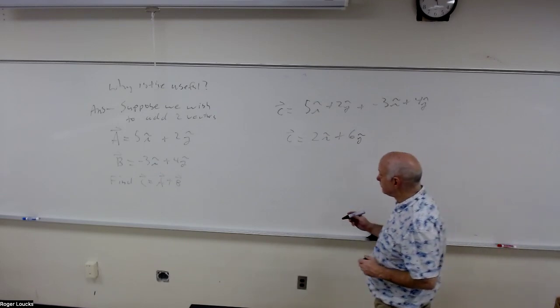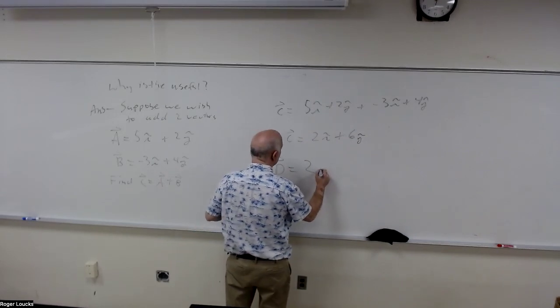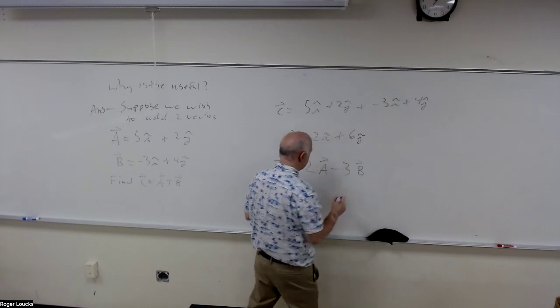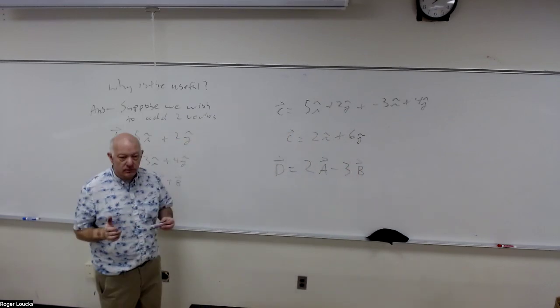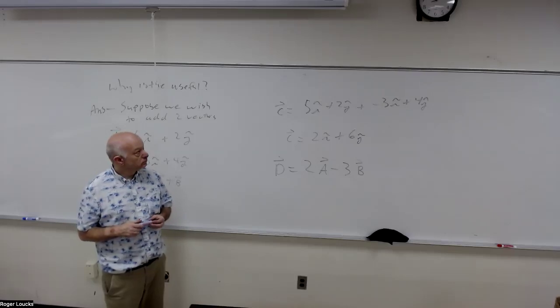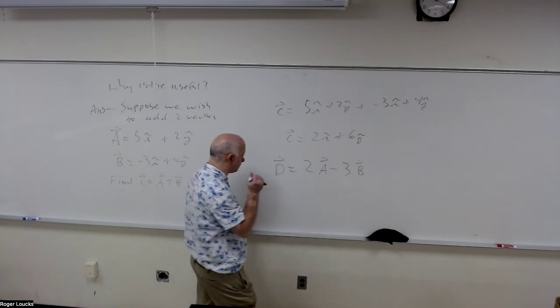If I had the vector D equals 2A minus 3B, what would that be? The beauty of this is you just turn off your brain and substitute.